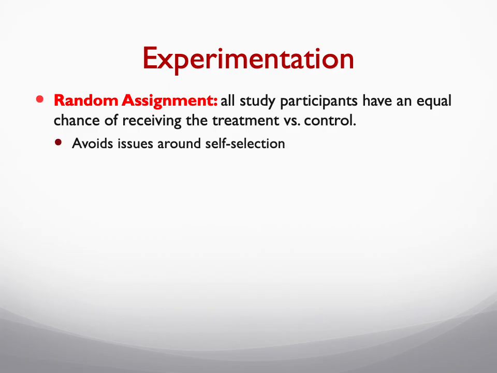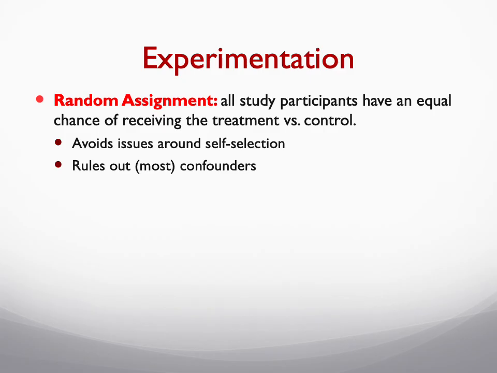Why this is important is that this is avoiding issues around self-selection that plague survey research, that plague these relationships that we might look at in a survey context. And by removing issues around self-selection, it's going to rule out most confounder variables. You might say, this is making no sense, but let me give you a practical example so you can see how this looks.